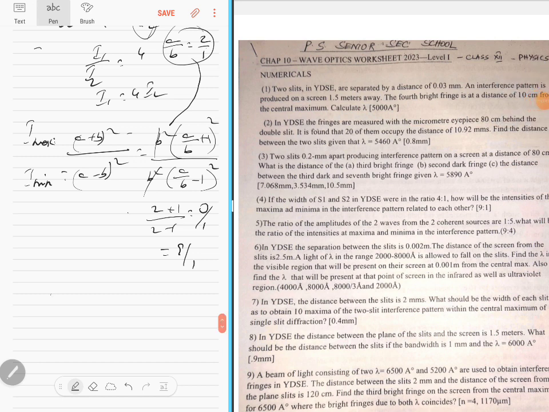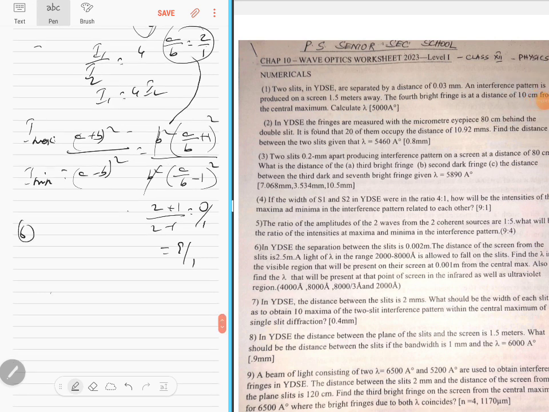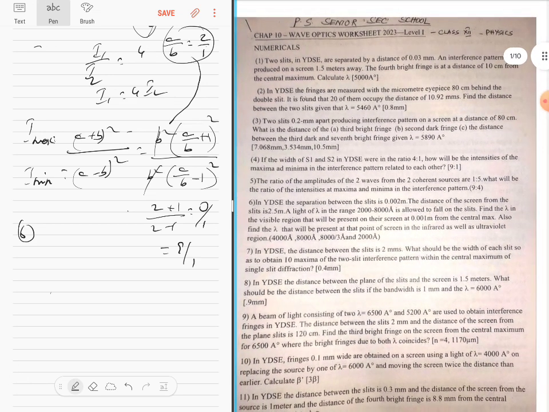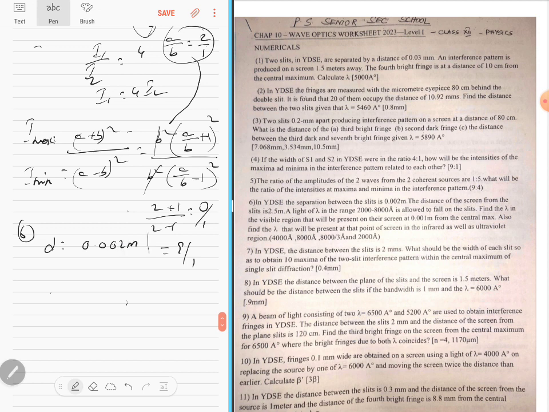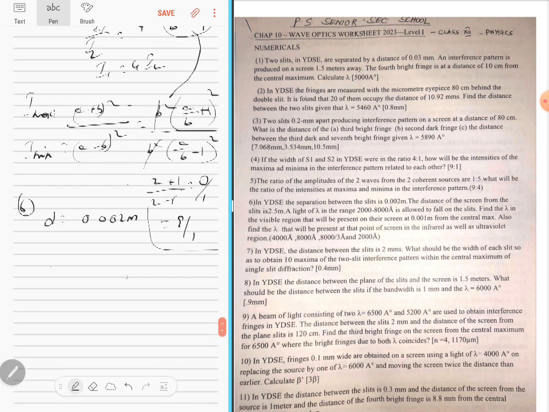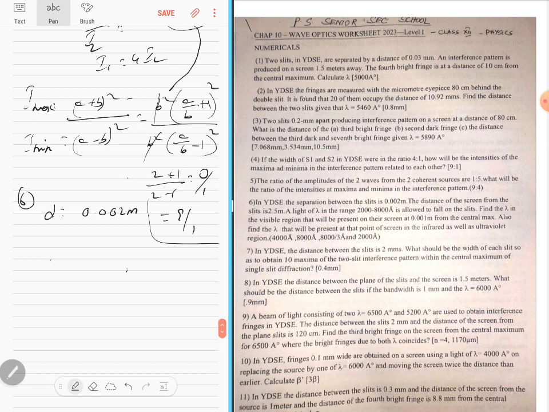Which is the sixth question. In Young's double slit experiment, the separation between the slits, small d, is equal to 0.002 meter. The distance of the screen from the slits, capital D, is 2.5 meter.